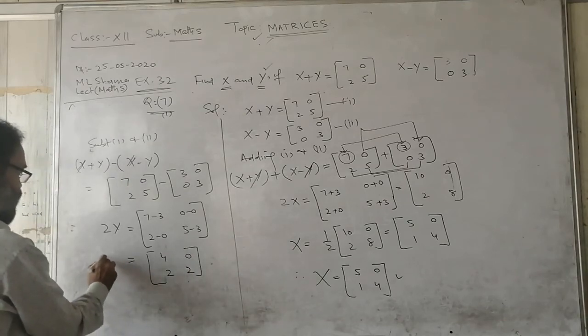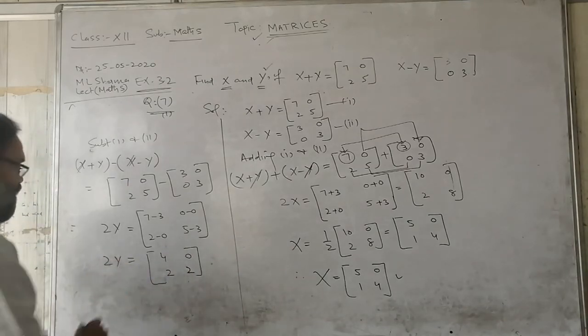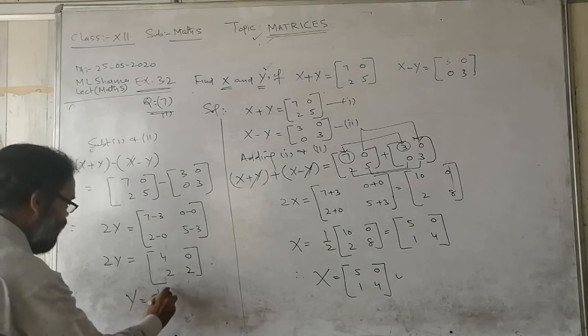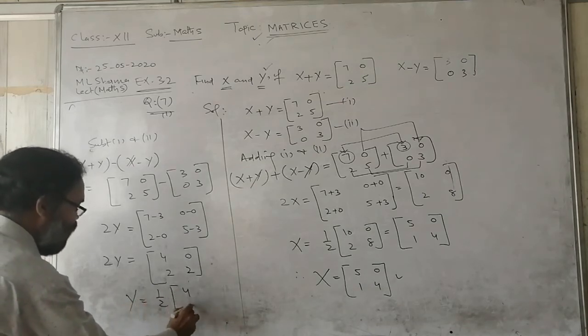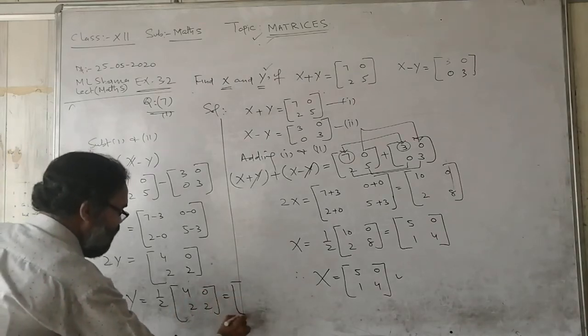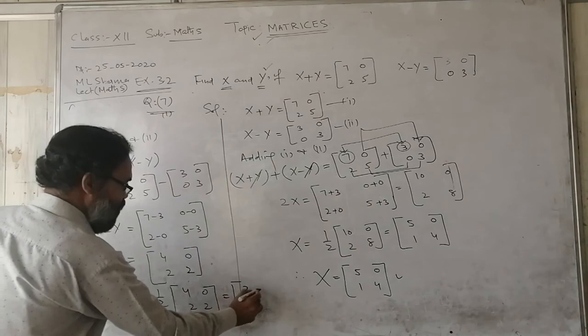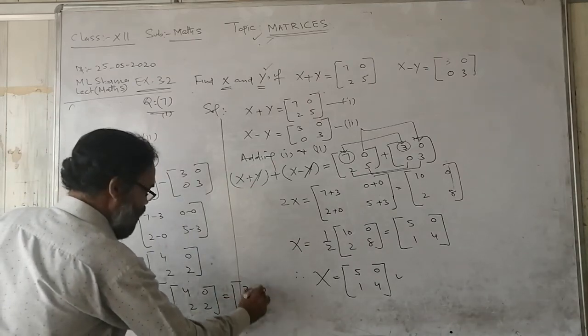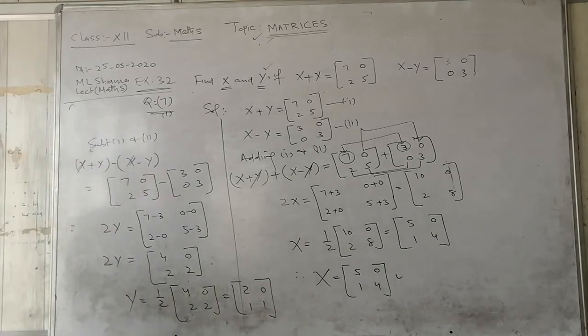So this is value of 2y, and value of y will equal to half of this value, and this will equal to the matrix 2, 0, 1, 1. So this is the value of y.